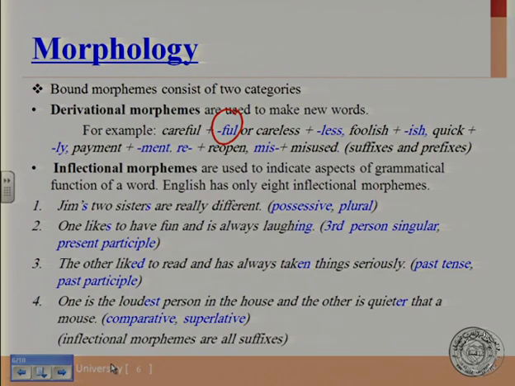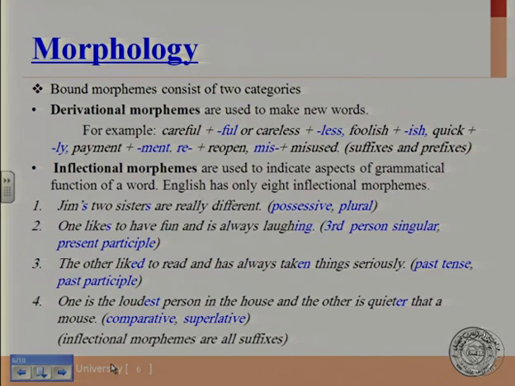Care again, if we add the suffix less, it becomes careless. So care is a word, and we also have careless, which is a new word. Foolish is another example. Here we add the suffix ish to fool, so it becomes a new word.